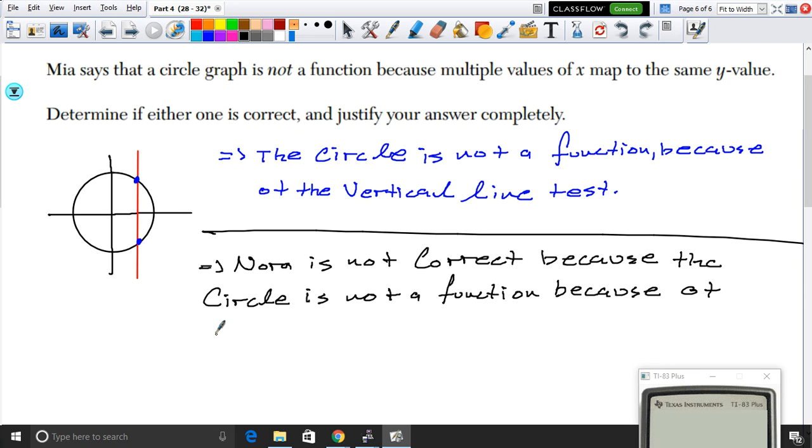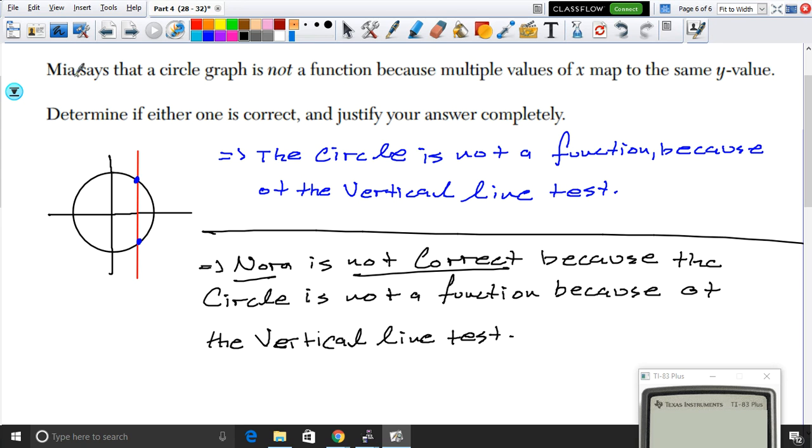All right, because of the vertical line test. Okay, so I know Nora is not correct.